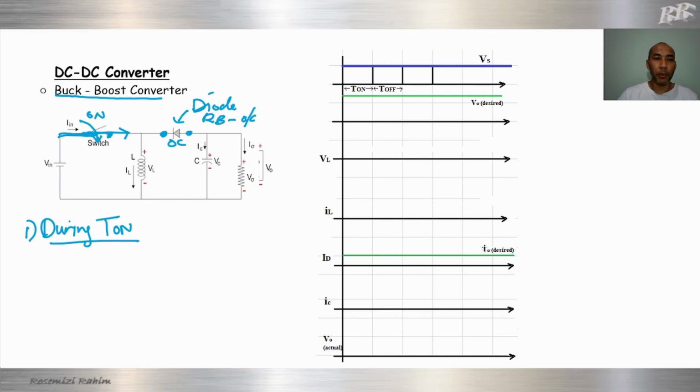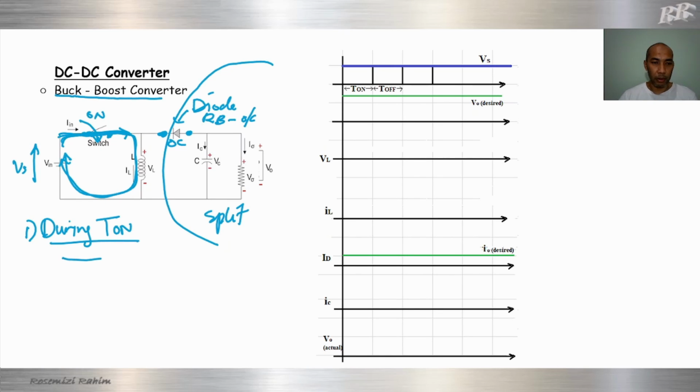All the current will flow through the inductor and go to Vin or Vs. They will circulate in this loop only, due to the open circuit at this diode. So this portion will be removed, split from the first loop.